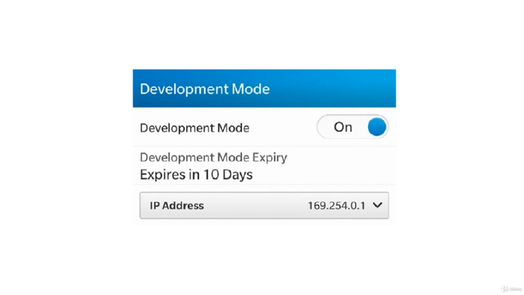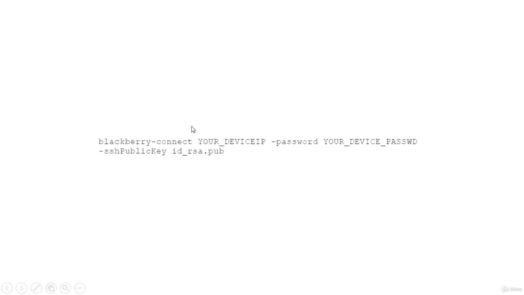2. Generate an RSA 4096 key pair. For example, on Linux, this is the example. 3. Run BlackBerry connect from the SDK to transfer the public key to the device. This is the example. 4. You should see output similar to the following if the connection is successful.